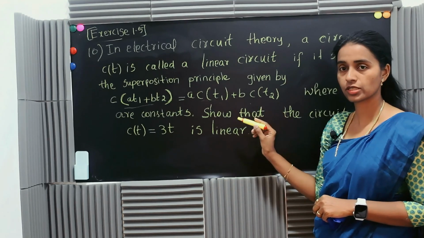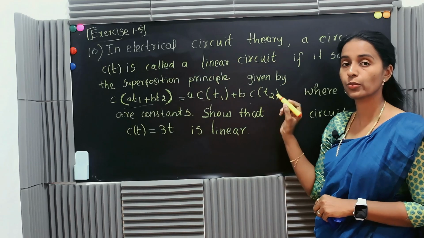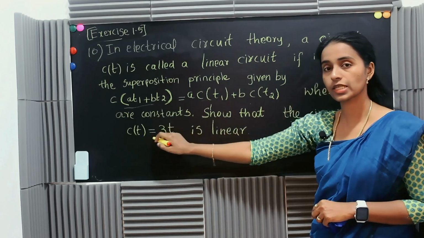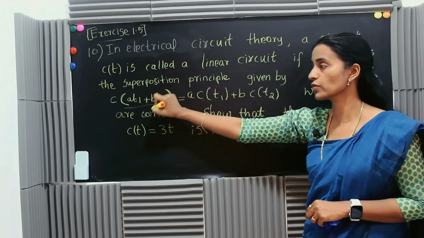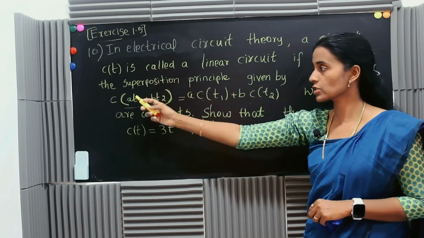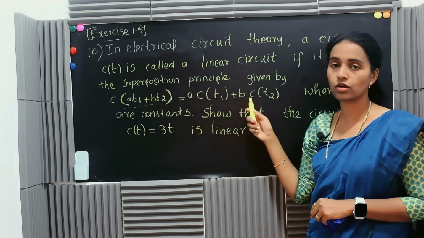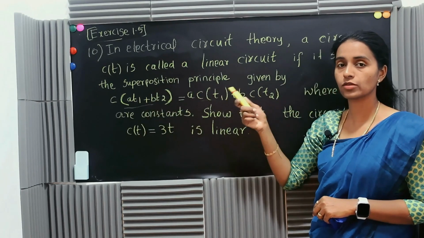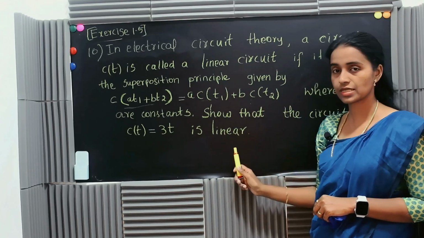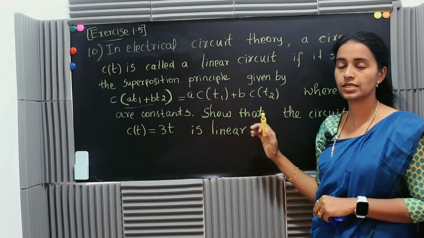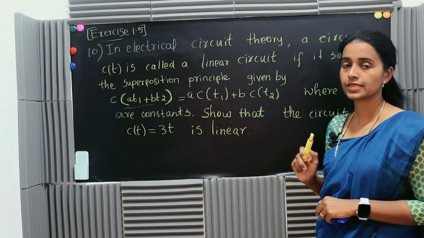Here the question is, we need to prove that C of t equal 3t is linear. So what we have to do is, we need to find the answer of LHS and then RHS. If both answers are equal, we can say this circuit is linear. That's it.